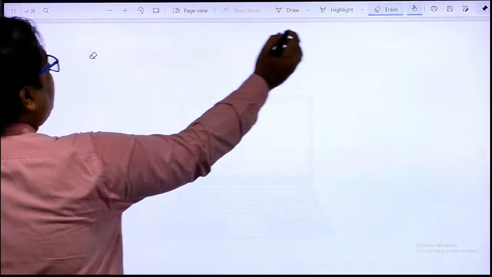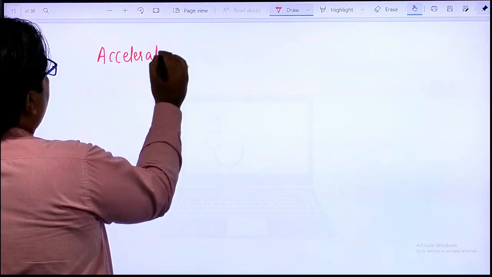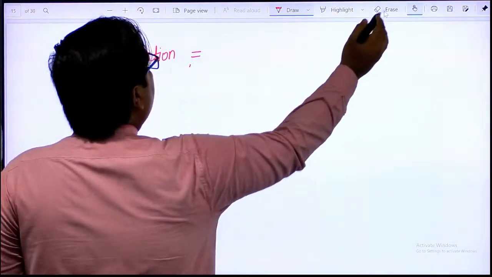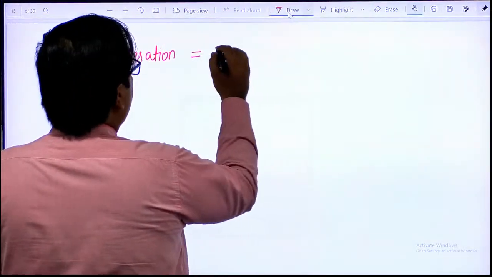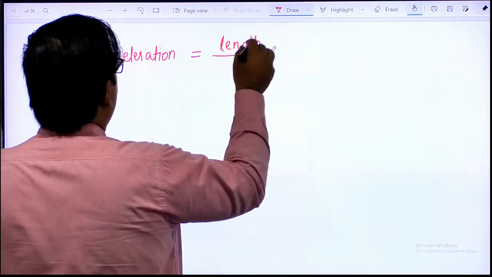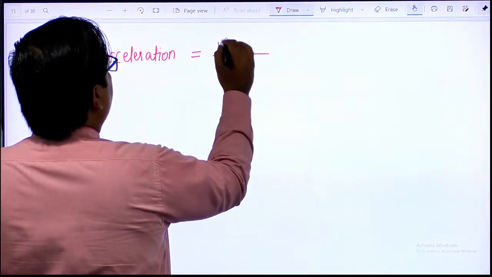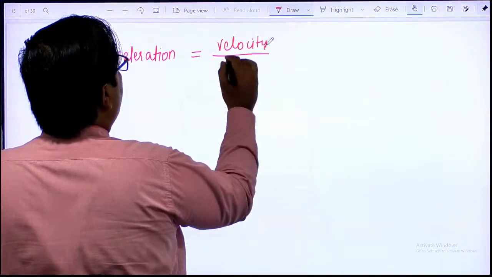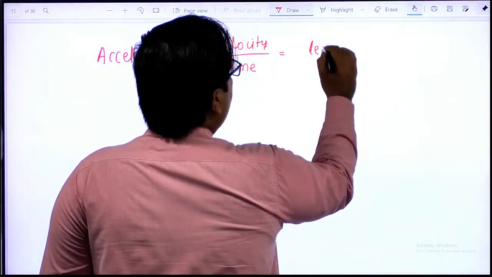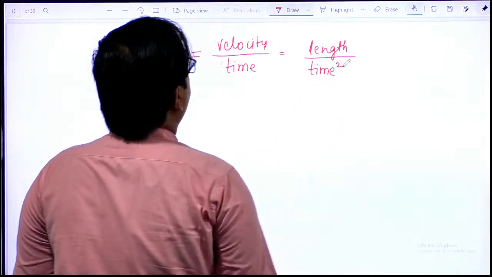If you want to write the dimension of acceleration, acceleration is velocity by time, and velocity can be written as length by time. So it becomes length by time square.